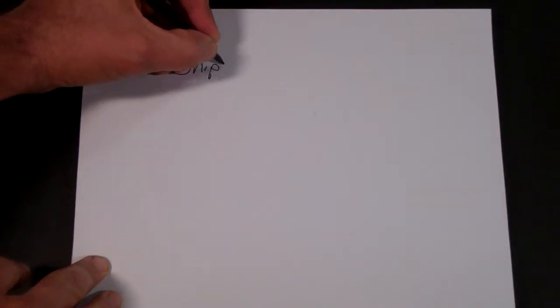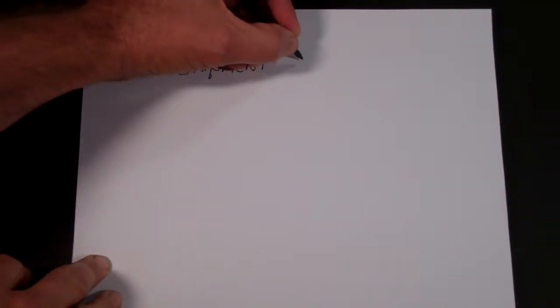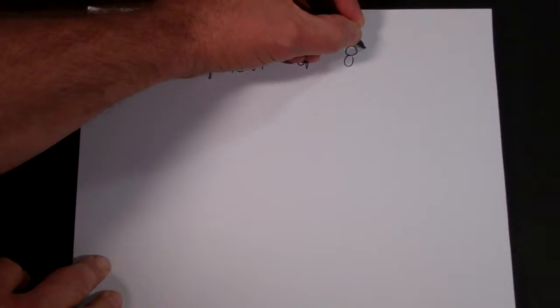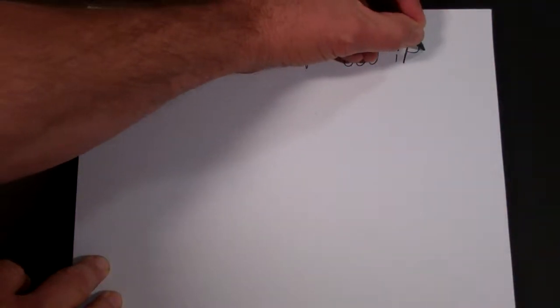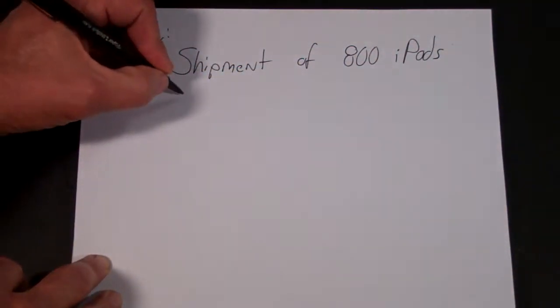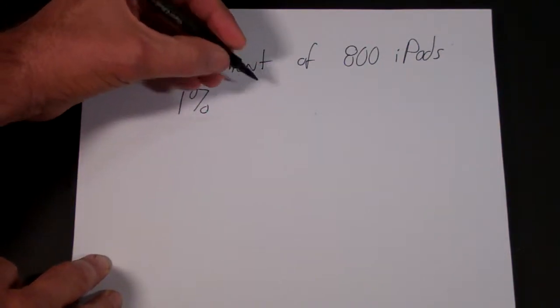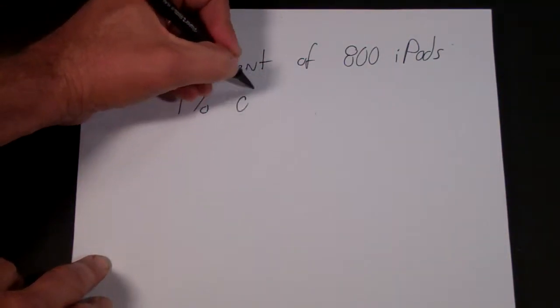So here's an example. Let's say you were going to have a shipment of 800 iPods. And there was a 1% chance for each iPod of being defective.